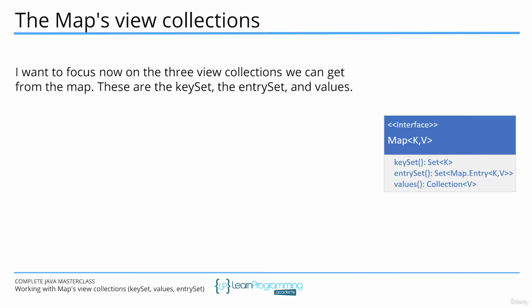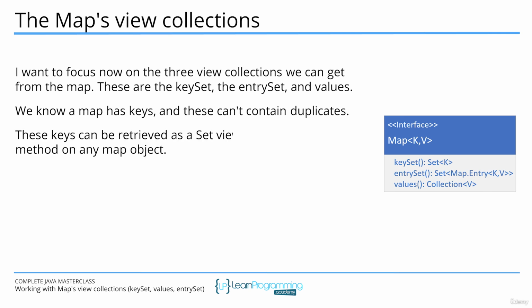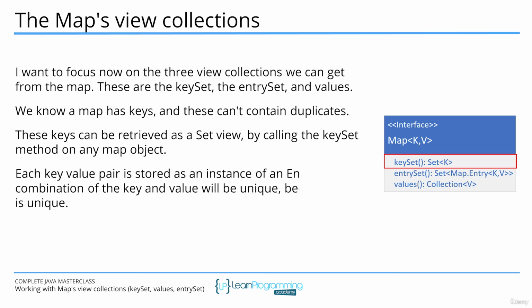I want to focus now on the three view collections we can get from the map. These are the keySet, the entrySet, and values. We know a map has keys, and these can't contain duplicates. These keys can be retrieved as a set view by calling the keySet method on any map object. Each key-value pair is stored as an instance of an entry, and the combination of the key and value will be unique, because the key is unique.